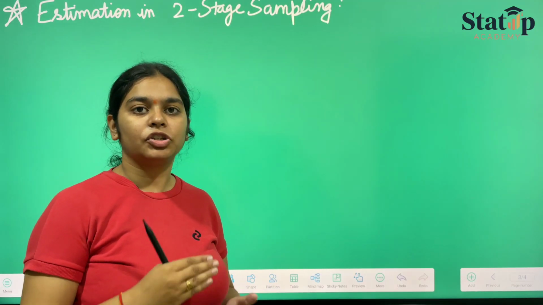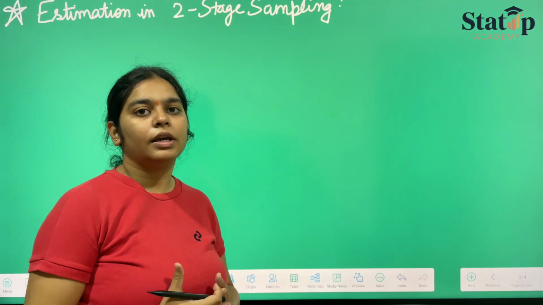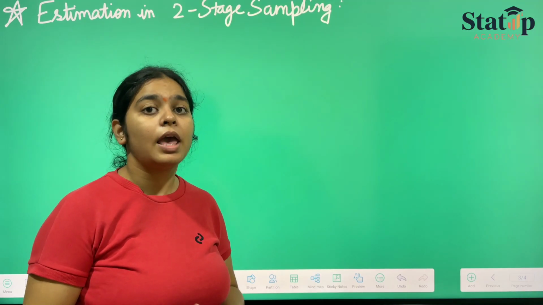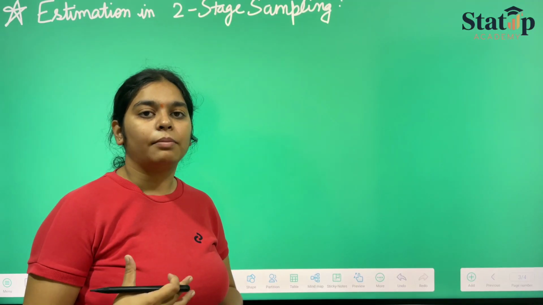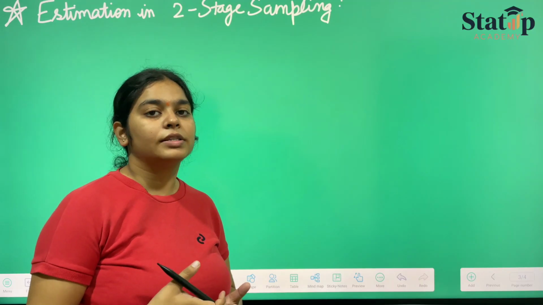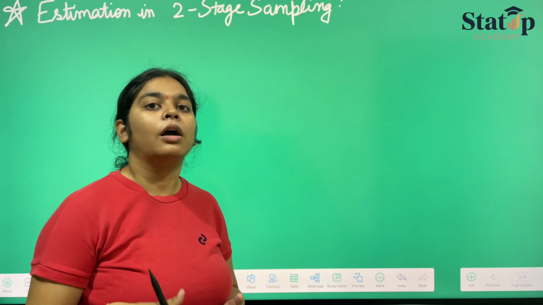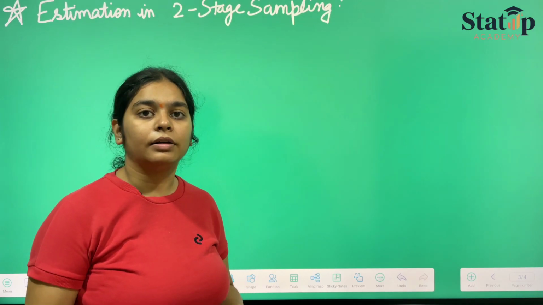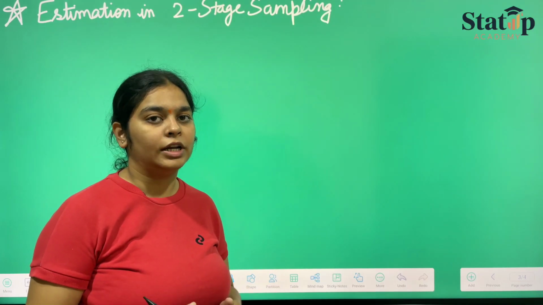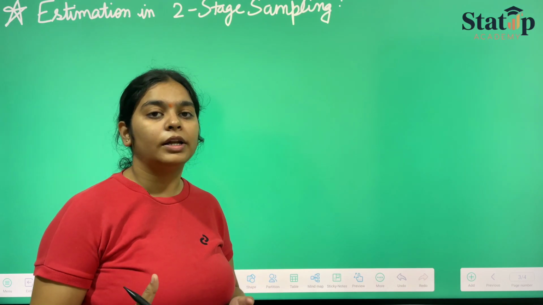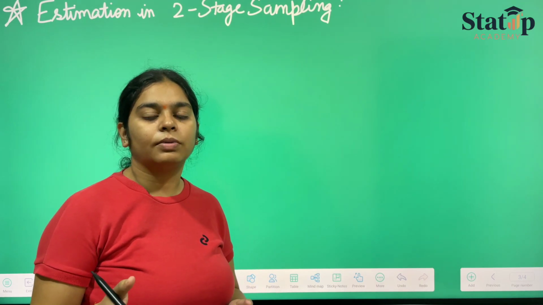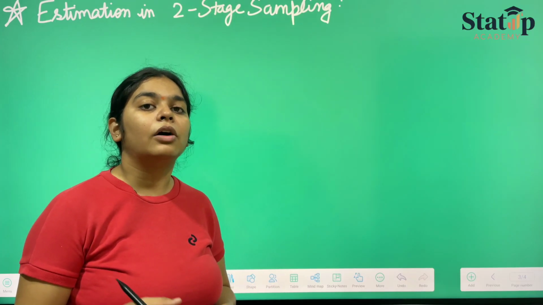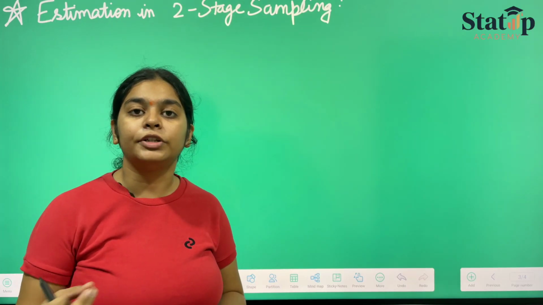One is from double sampling, which is two-phase, in which first we take a large sample of size n prime, and from that we take a smaller sample of size n. In two-stage sampling, we consider clusters. Firstly, a population consists of capital N clusters. From that we take small n clusters, which is stage 1, and going to stage 2, from these small n clusters we take out small m units from each cluster.